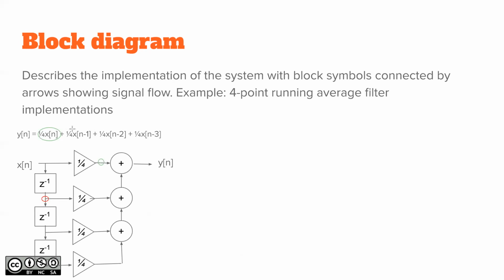After this delay, at this point we have 1/4 times x of n minus 1. So practically this is quite simple to follow. If you have a block diagram, it's quite simple to follow how this difference equation comes from the block diagram.